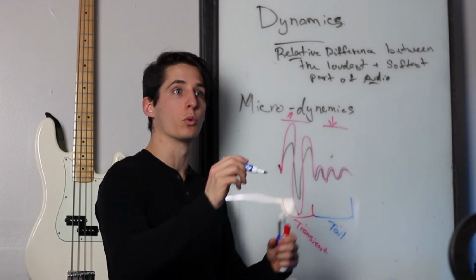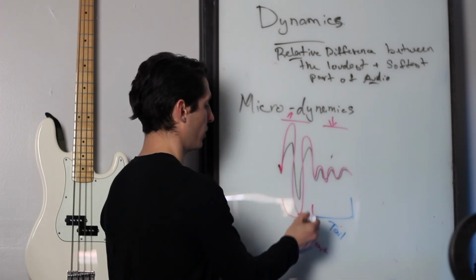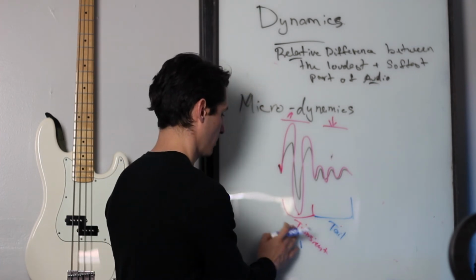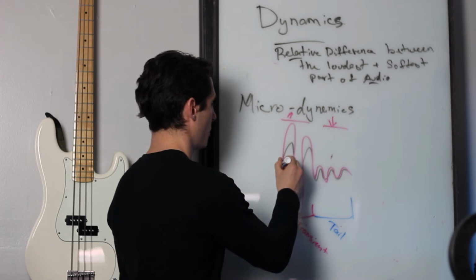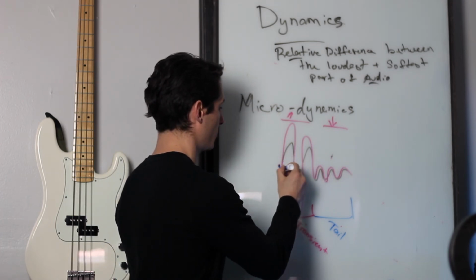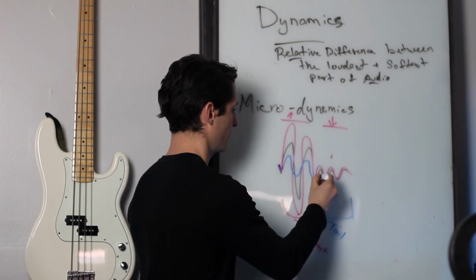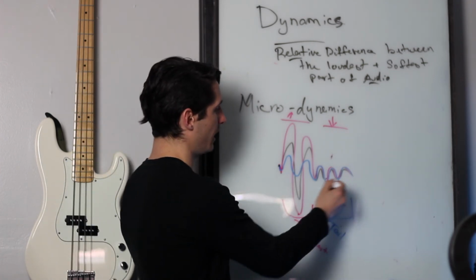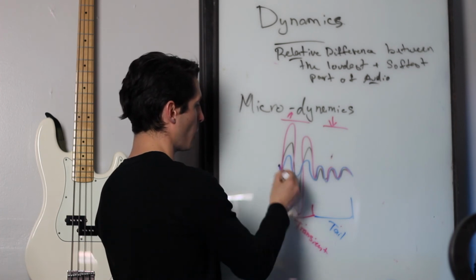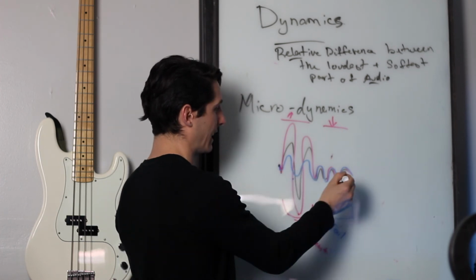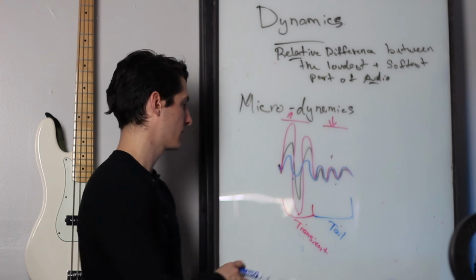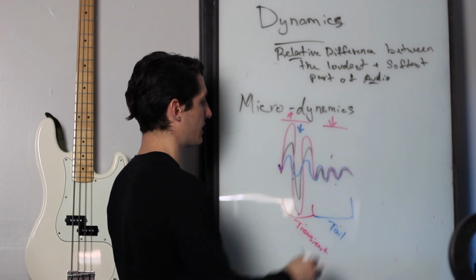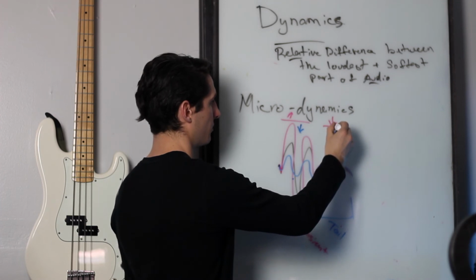Alternatively, we can also reduce the microdynamics by turning this transient down and the tail up. I'll erase that. So the new waveform after compression will look something like this. You can tell, even though the tail didn't really change, the relative difference between the transient and the tail had a huge difference. So essentially now we've turned this transient down and this one up.